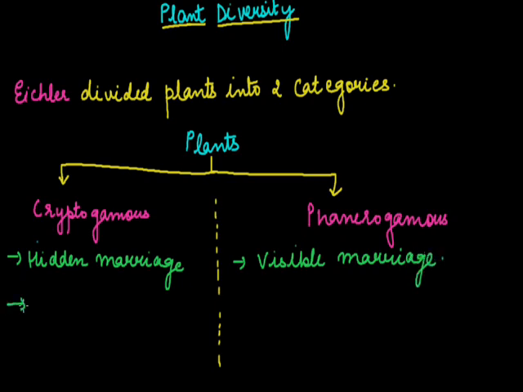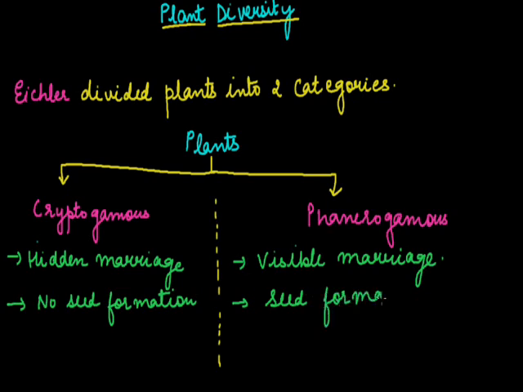In cryptogamous, there is no seed formation, whereas in phanerogamous, there is seed formation.